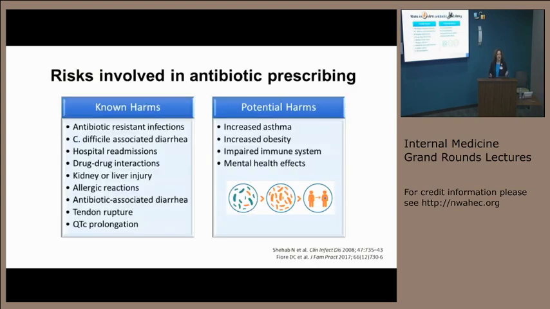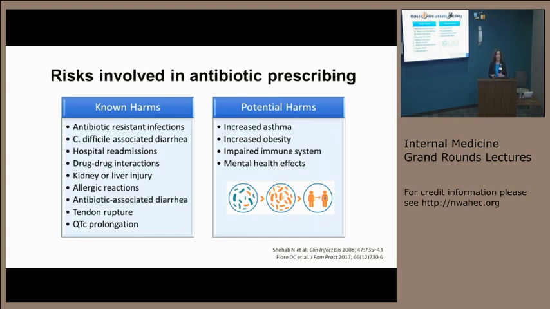You all are familiar, but it's worth reiterating that antibiotics carry risks. And so we have some known harms. I think the one that's getting a lot of attention, and appropriately so, is the risk of antimicrobial resistance, both in the patient who we're prescribing the antibiotic for and for the patients around us and the public health implications.